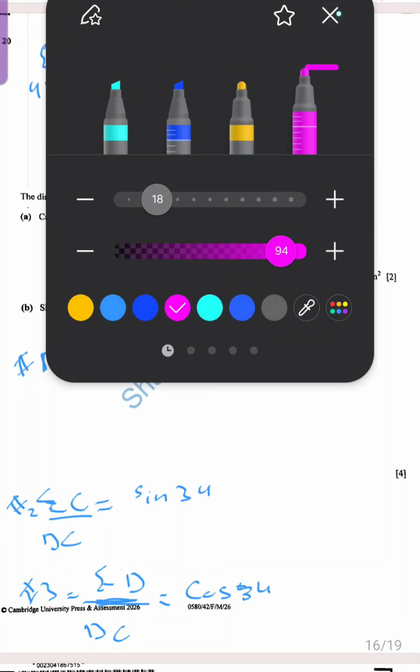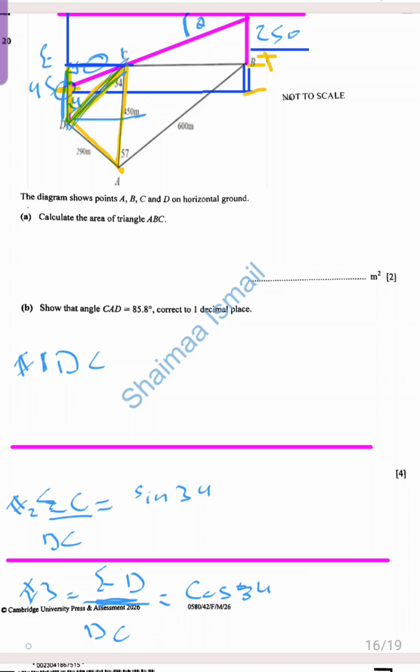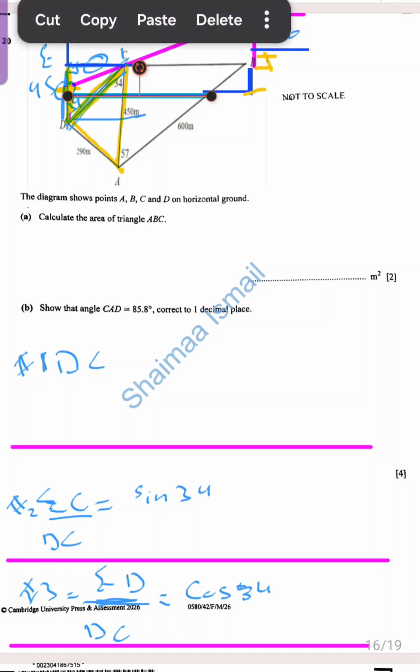So let's do step number 1, then 2, then 3, then we get these two sides and work for the tan theta here.